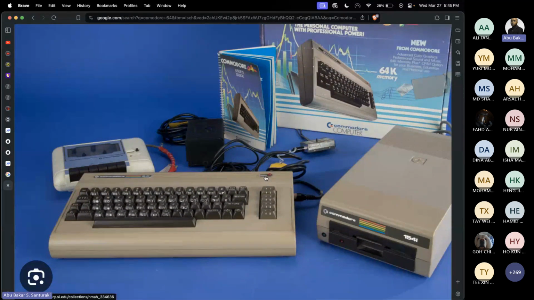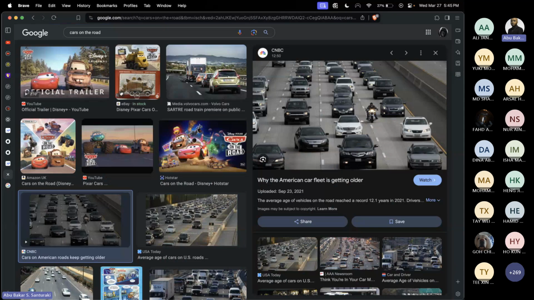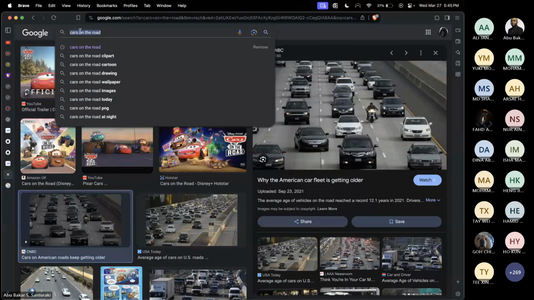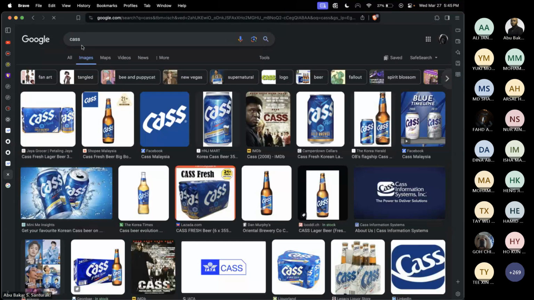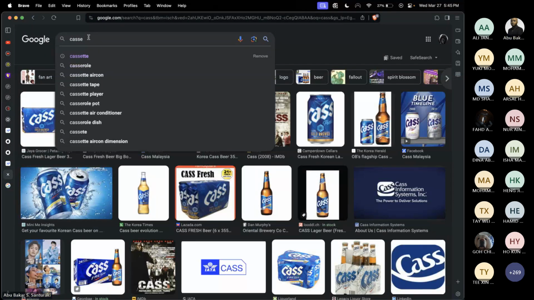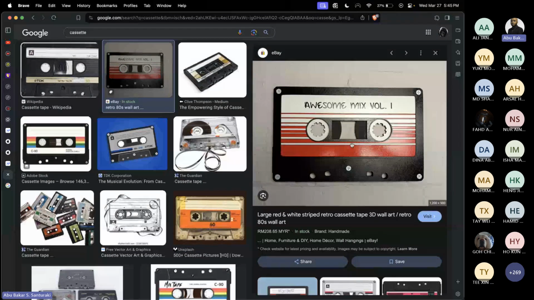The first game I ever played on this was Ninja Gaiden. So Ninja Gaiden was on a cassette. What does a cassette look like? It looks like this. So a cassette tape. So the games used to come on these magnetic tapes.